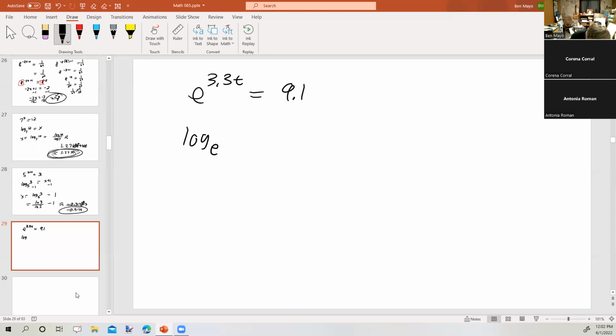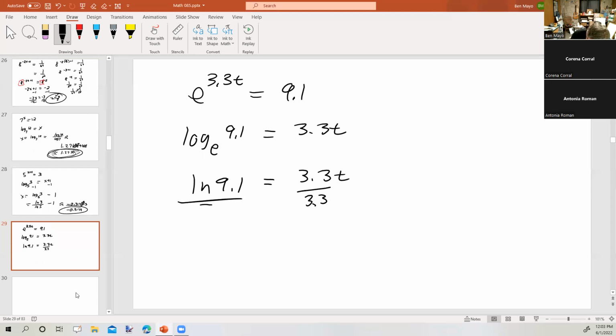It would be log base e of 9.1 is 3.3t. But log base e is natural log, so it'd be natural log of 9.1 equals 3.3t. But we're trying to solve for t, so we'll divide both sides by 3.3, and t equals the natural log of 9.1 divided by 3.3.